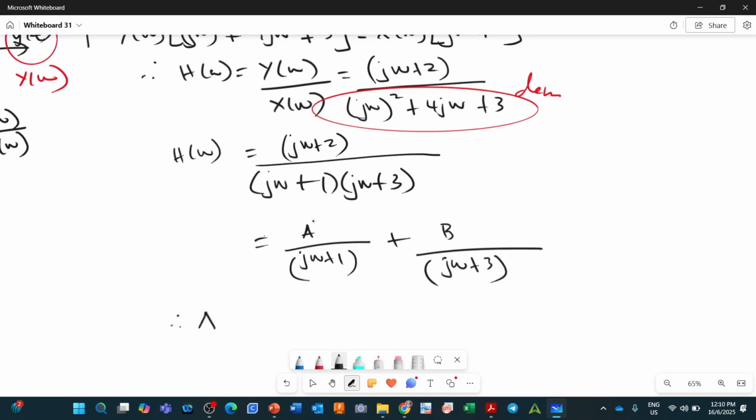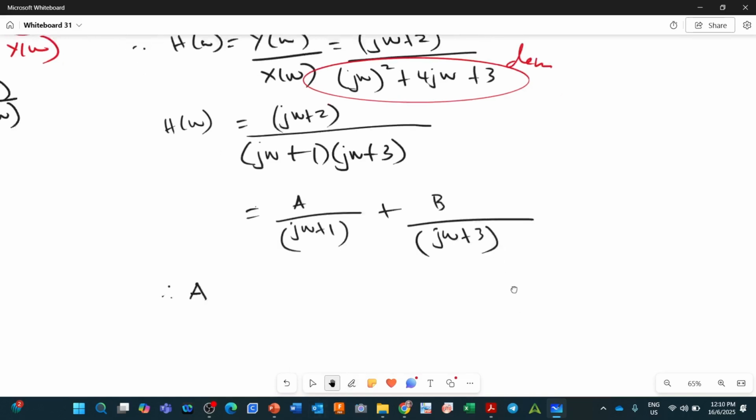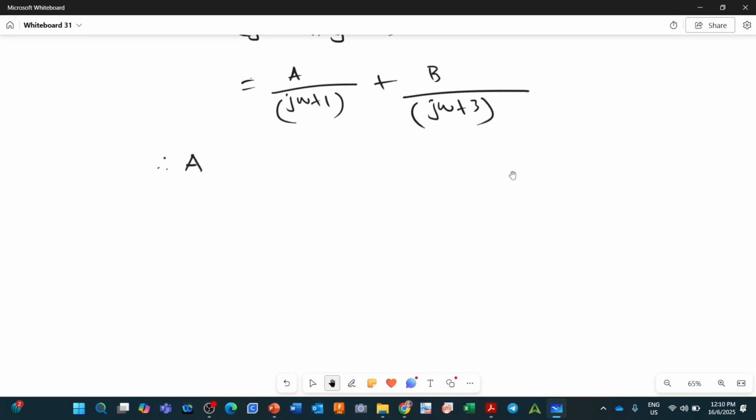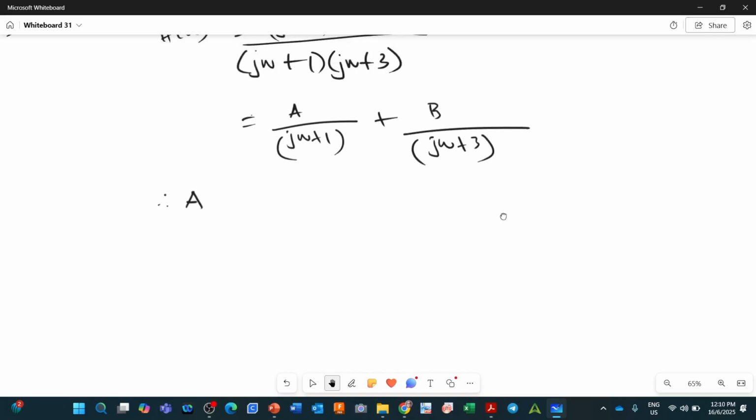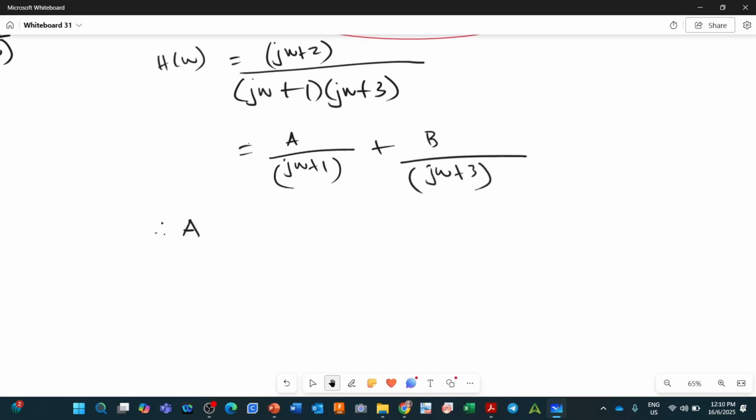So find A and B. Okay, exercise, 1 minute. Find A and B, the same way that we did just now, the partial fraction method.